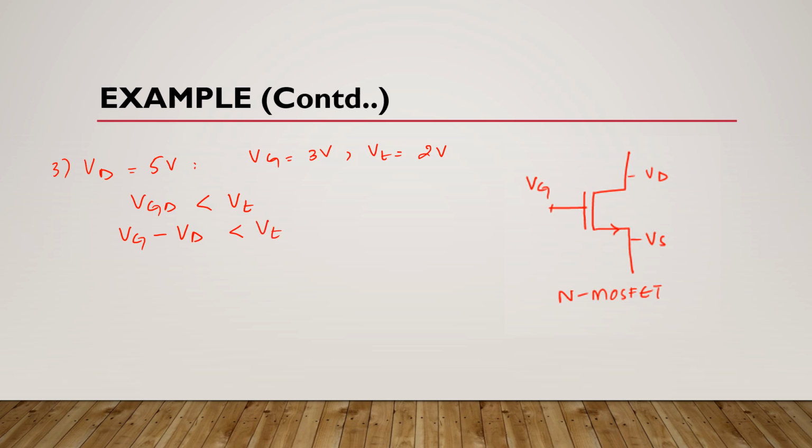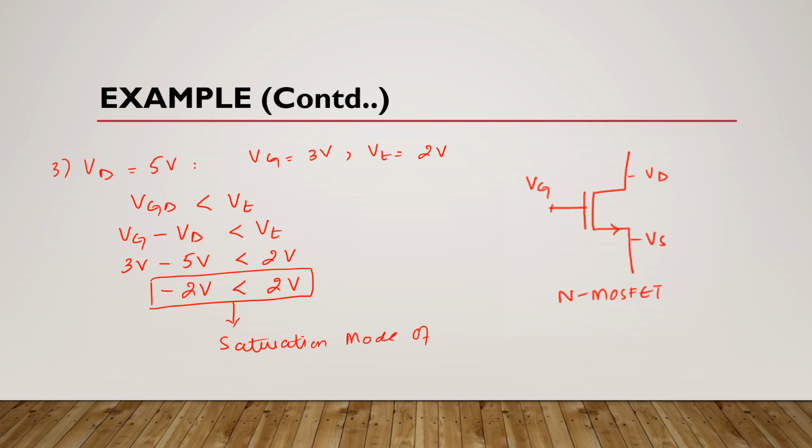This gate voltage is 3 volts, drain voltage is 5 volts, and here we have 2 volts. It means we have minus 2 volts, which is less than 2 volts. As you can see, this condition of saturation region is satisfied. It means the transistor is in saturation mode of operation. So this is your answer.